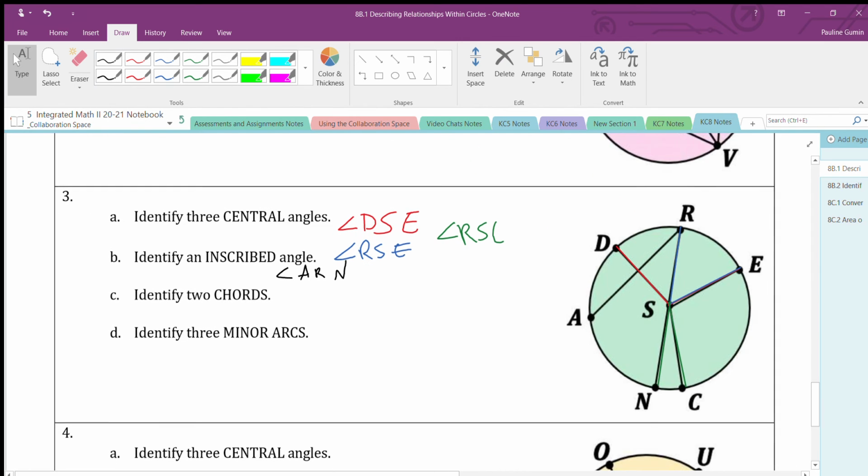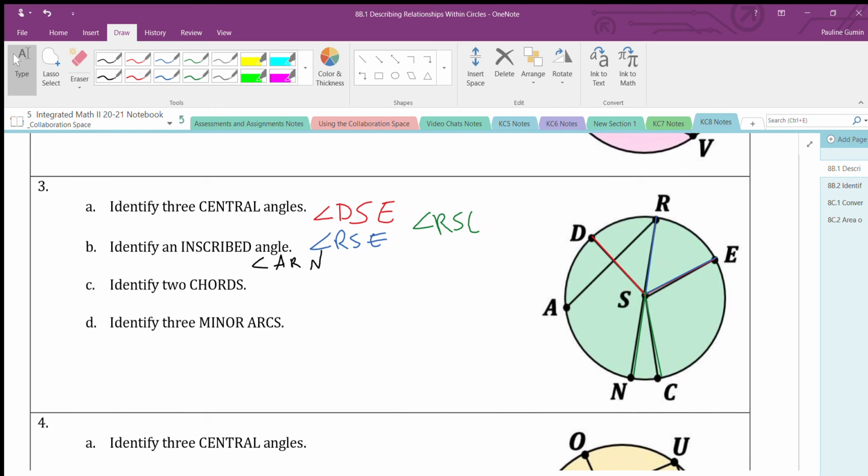Like, what did I see before? Okay, 2 chords. Chords are segments within the circle that start on one end and end on the other. It doesn't matter if they go through the center or not, as long as they start on a point in a circle and end on another point in a circle. I do see exactly 2, actually. I see AR and RN.